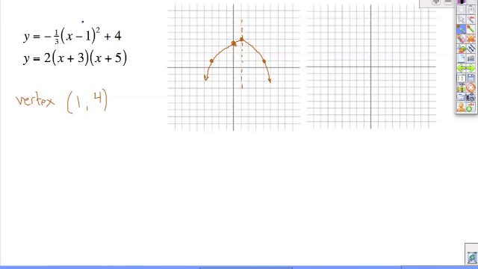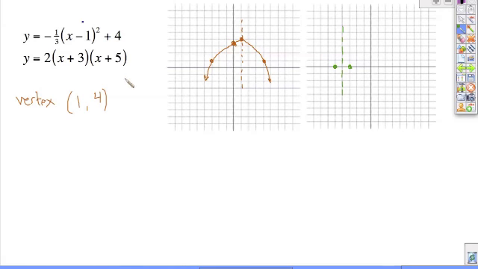The second quadratic is written in intercept form. Its two x-intercepts are going to be at -3 and -5. And from this we know that the axis of symmetry is going to be at x equals -4. That's also going to be the x-coordinate of the vertex, halfway in between these two zeros.